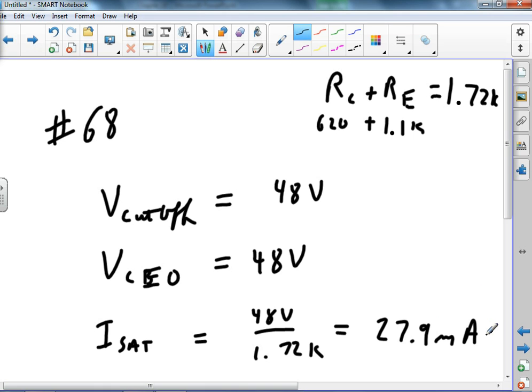Okay, so now we're going to have to find the data sheet for the 3904. All right, so there we go, 3904. I see that the collector to emitter voltage with the base open has a value of 40, and I'm at 48. So this one here is violated.